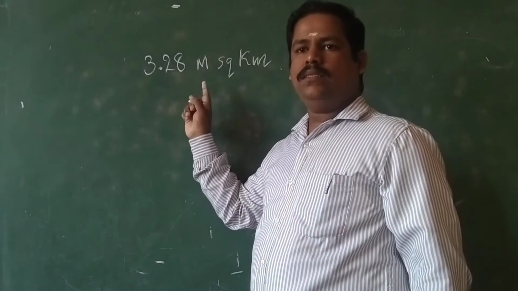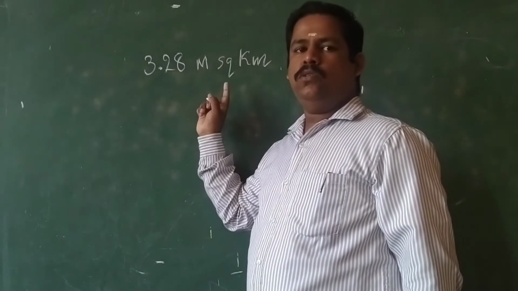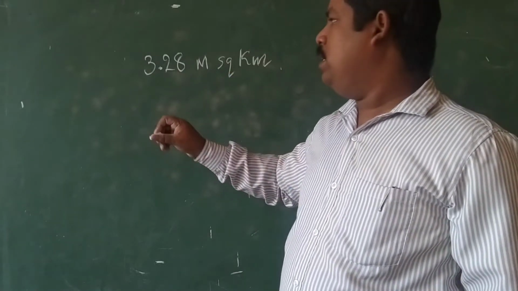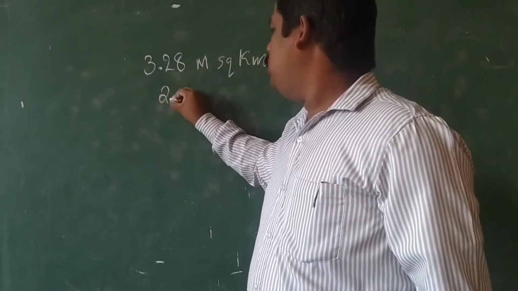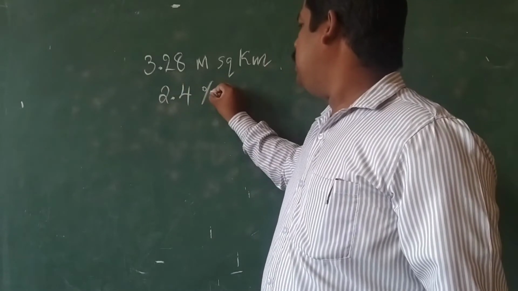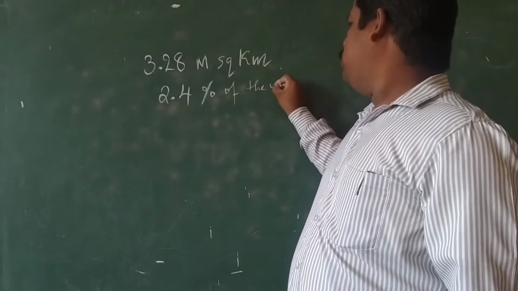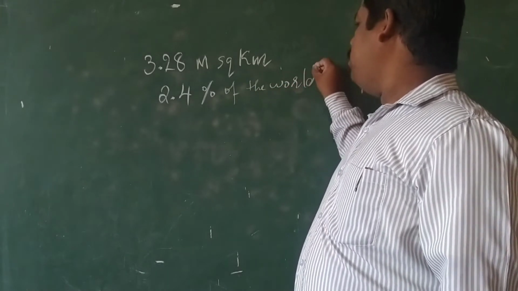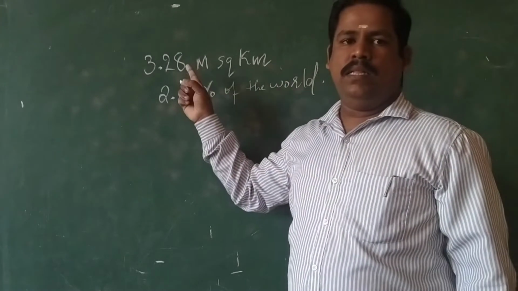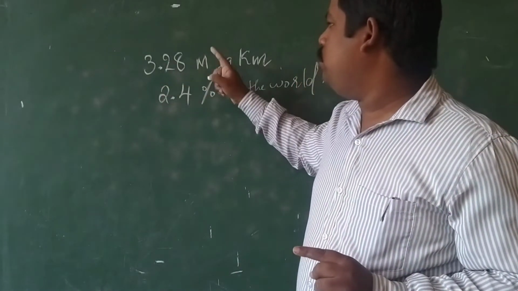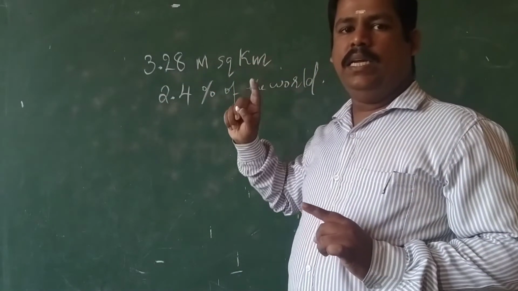3.28 million square kilometer is the total area of India. It means it covers about 2.4% of the total geographical area of the world.